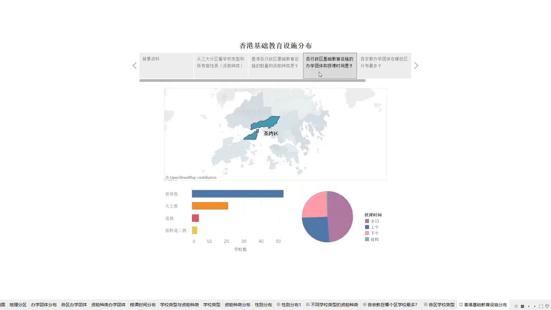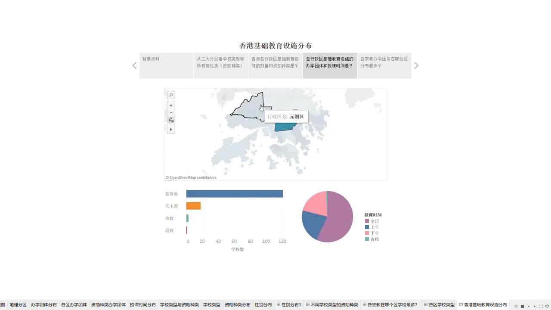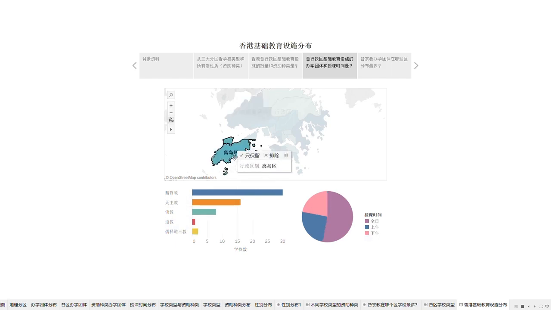The next graph is talking about, in these 18 districts, if a religious group is running the school, what religion are they, which is the bottom left graph. And the pie chart at the bottom right is talking about the teaching mode of the school. Is it full-time or a night school? We can see in all districts, basically, there are the most Christian schools, followed by Catholic schools and Taoism schools.